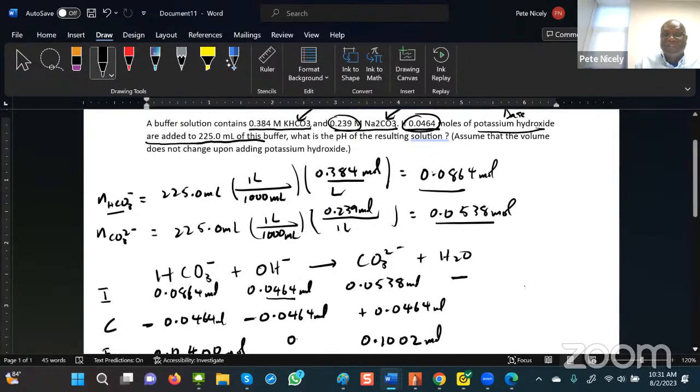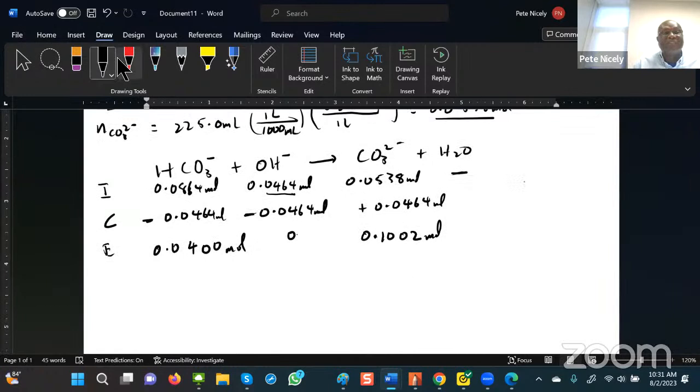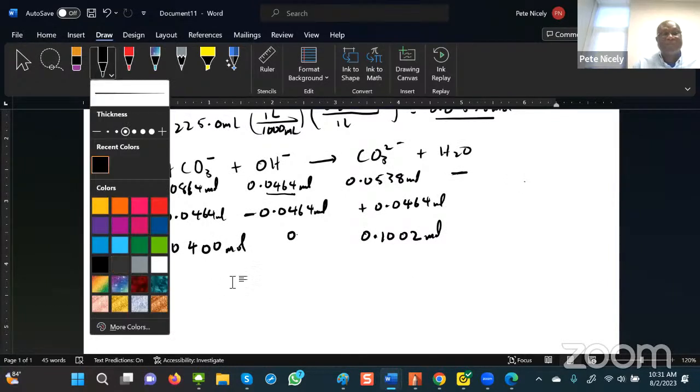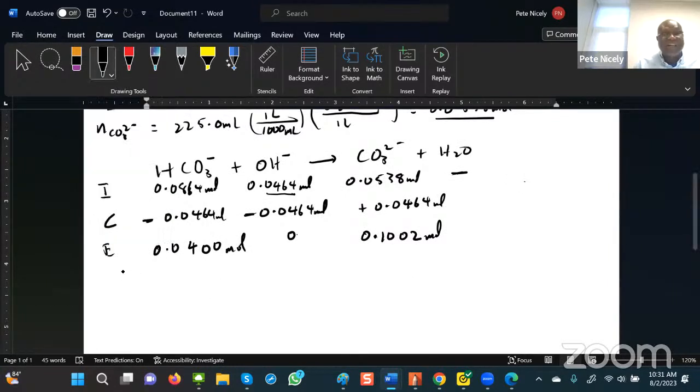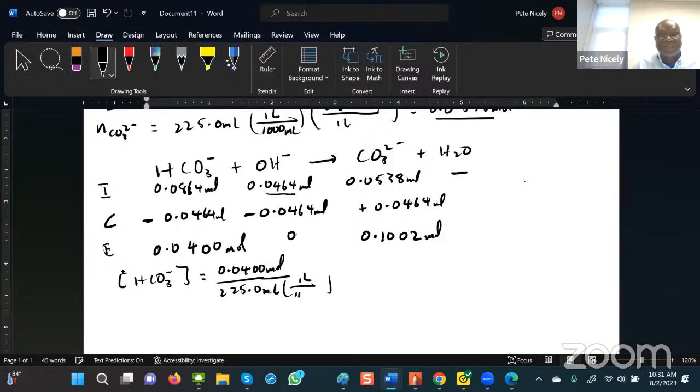So what we need to do now is find the concentration of both the bicarbonate and the carbonate. In the case of the bicarbonate, it's 0.0400 moles divided by the volume, which is 225.0 mL, which we have to convert to liters. So 1 liter over 1,000 mL.